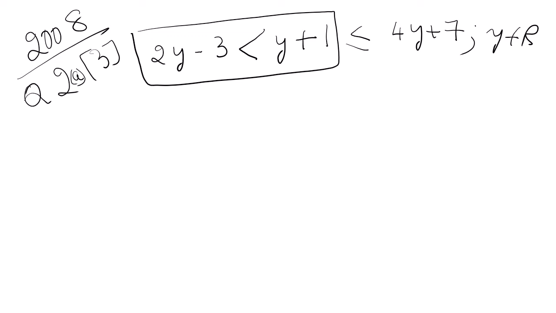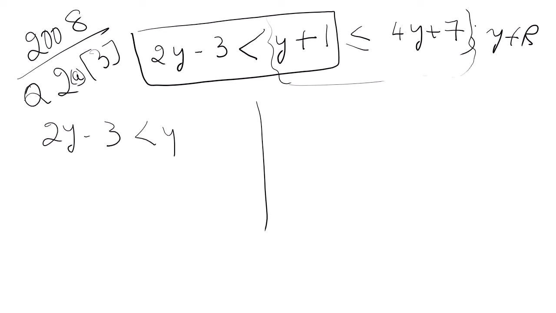This is one part and other part. Okay, anyway, so 2y minus 3 is less than y plus 1, and the other part is y plus 1 is less than or equal to 4y plus 7.